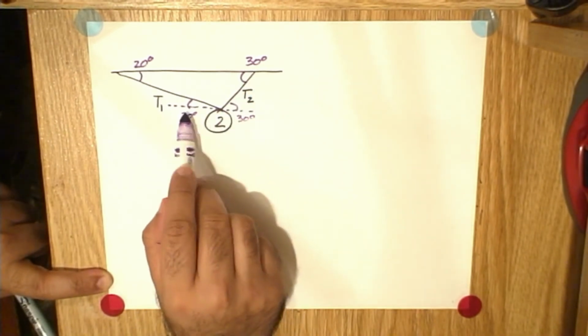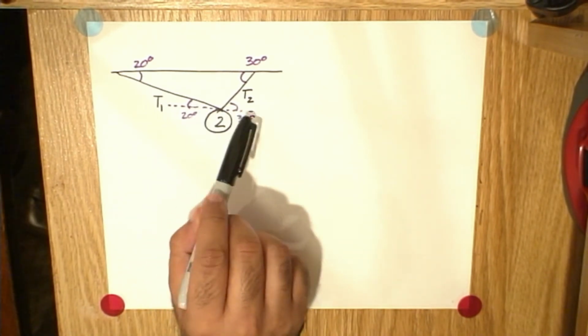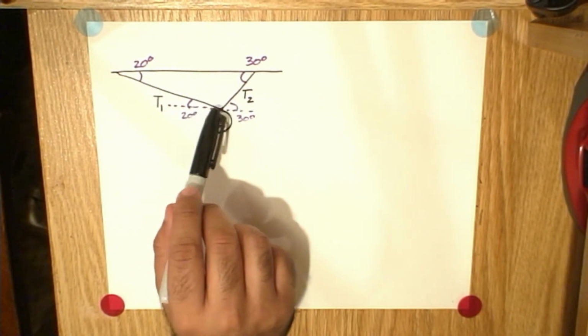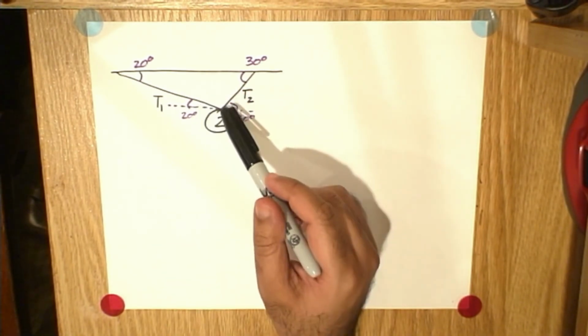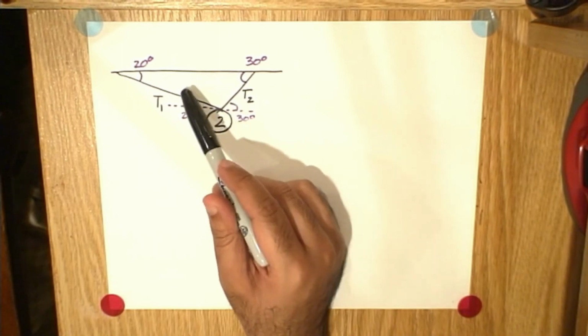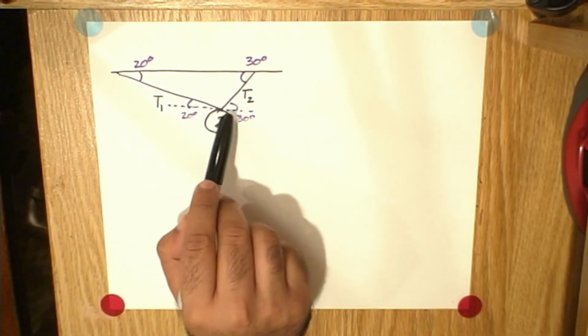These two angles down here we get from geometry, and the reason why they are important is because when we ultimately solve out for the orientations of these tensions, they're going to be done with respect to this object. So we'll have one tension pointed this way, one tension pointed this way, and the orientations will be based off of these angles down here.